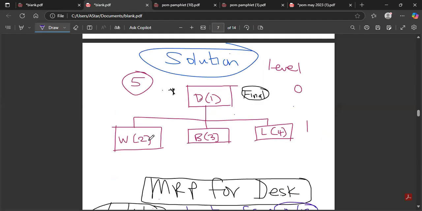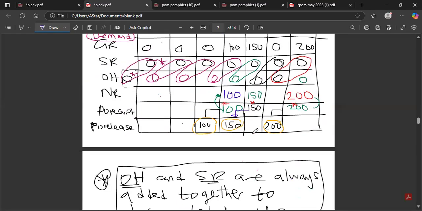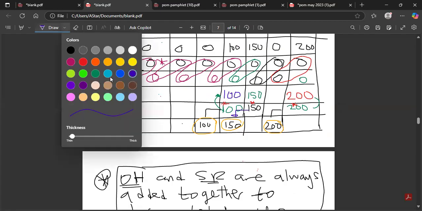These are children coming from the same parent, multiplied by 4. So you're multiplying these ones by 4. 100 by 4, week 3. 150 by 4, week 4. 200 by 4, week 6. Okay, so that's what we are going to do.